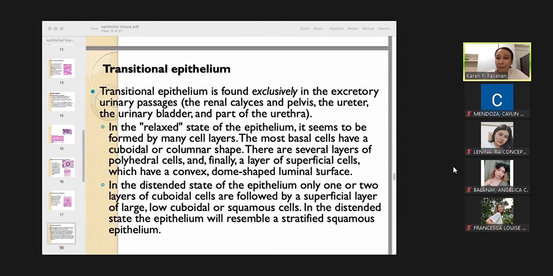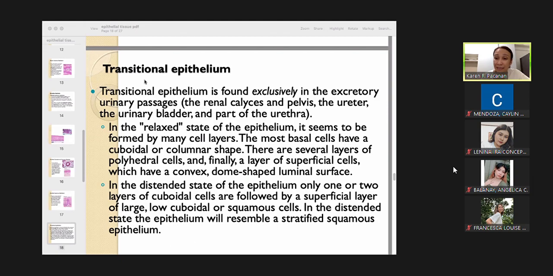Okay. For the specialized epithelia, we have here the transitional epithelium, which is exclusively found in the urinary passages. These are the examples: renal calyxes, pelvis, ureter, urinary bladder, and part of the urethra. This transitional epithelium may resist stretching forces.